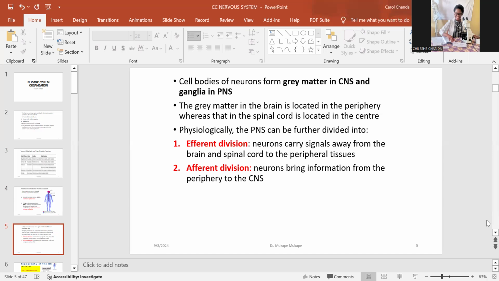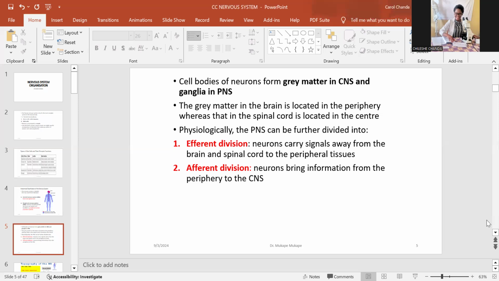Now, when you look at these groups of cell bodies, they have a different name depending on where they are. The cell bodies that are found inside the central nervous system, either in the spinal cord or in the brain, we are going to refer to as nuclei.